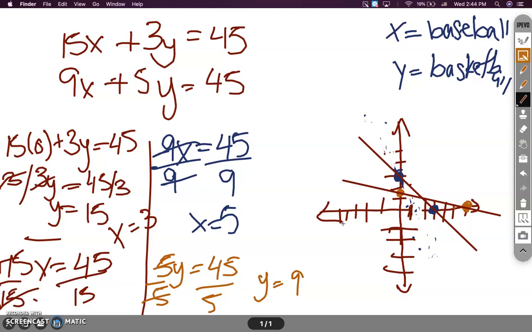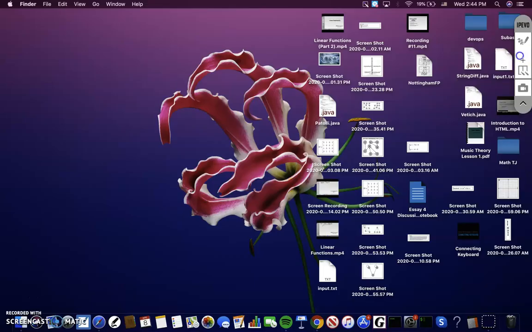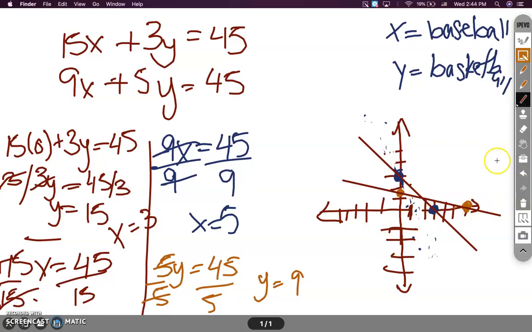So yeah, that is the line, and that's how you would graph it. And then also, they'll be asking you for when the 2 lines cross, which will be right here in this case, they'll ask you to find the coordinates.